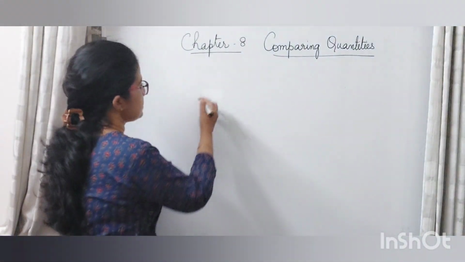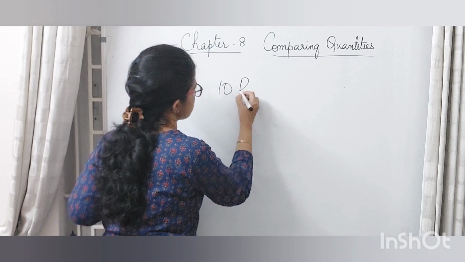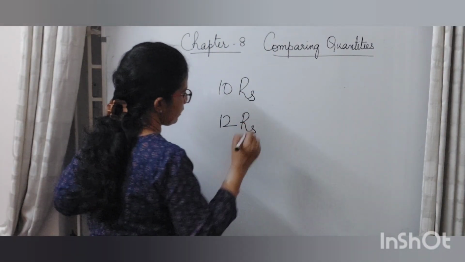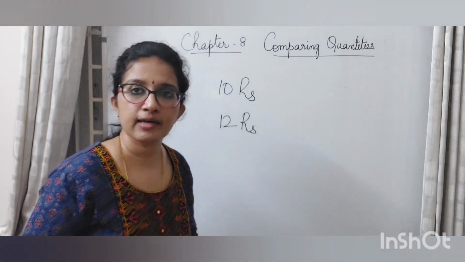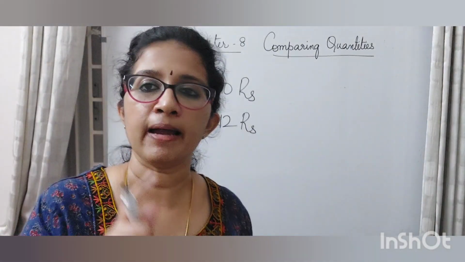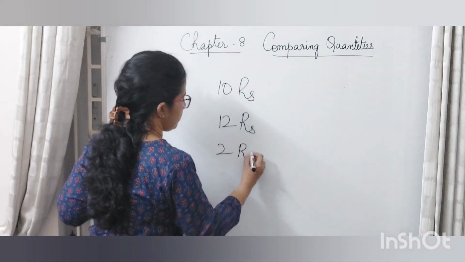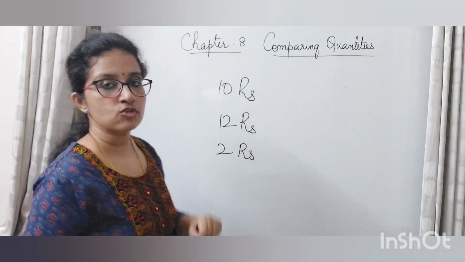So, for that he will sell the biscuit packet for a higher amount. For example, if he is getting the packet for 10 rupees, he will sell the packet for 12 rupees. So, how much money is he getting from one packet of biscuit? He is getting 2 rupees, right? 12 minus 10 is 2.